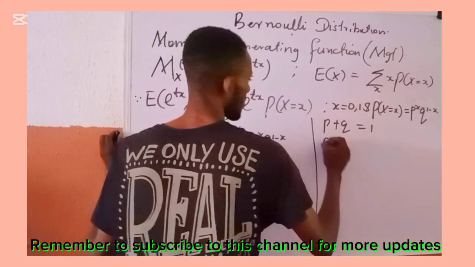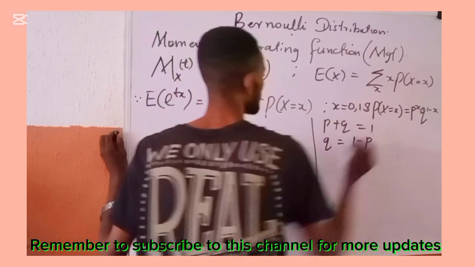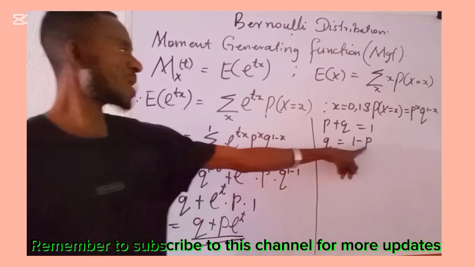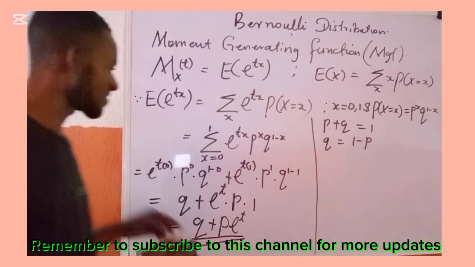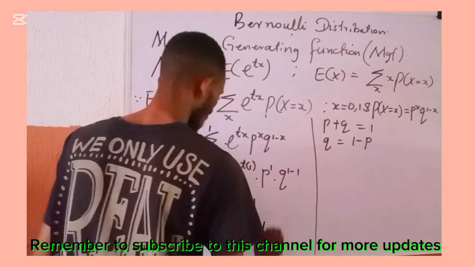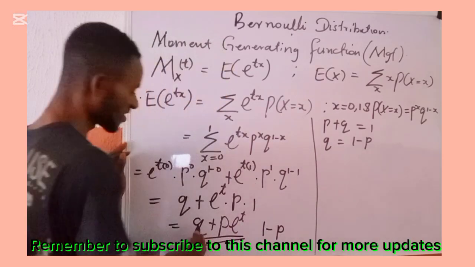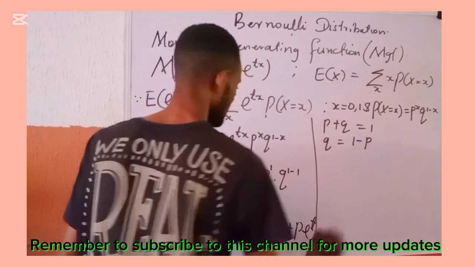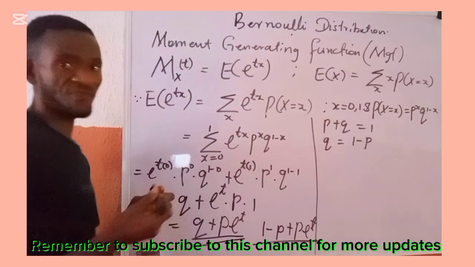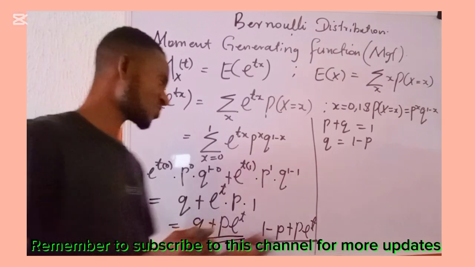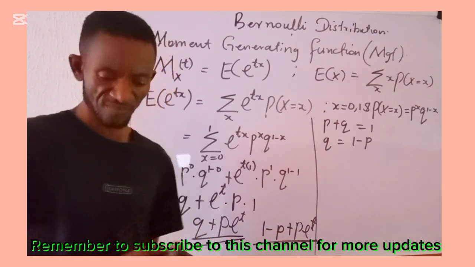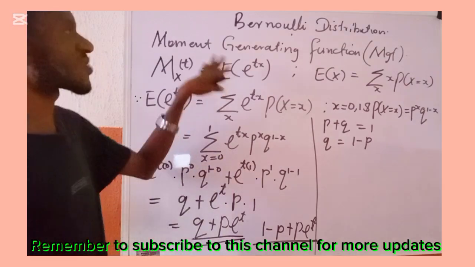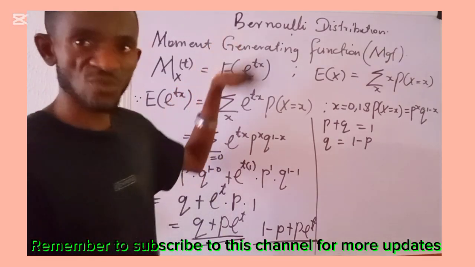On that note, Q equals 1 minus P. So you can decide to use 1 minus P in place of this Q. At times you see them write in the textbook 1 minus P in place of this Q, then plus P of E^t. This is equally a formula for that. So you either report this or you report this. Thank you very much for your audience so far. Permit me to clean here. So when they ask you about the moment generating function, this is what we do.